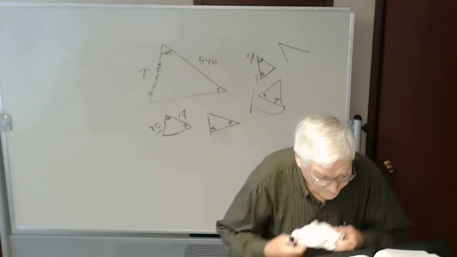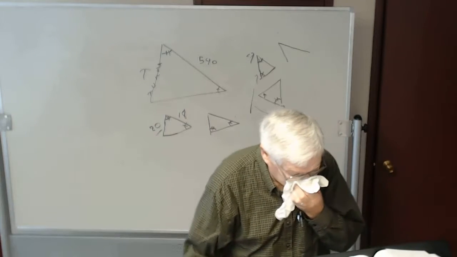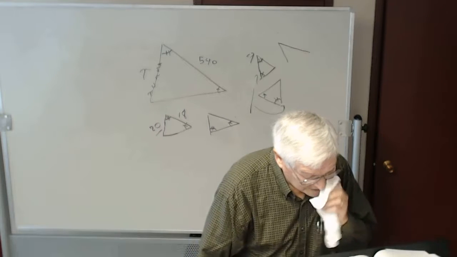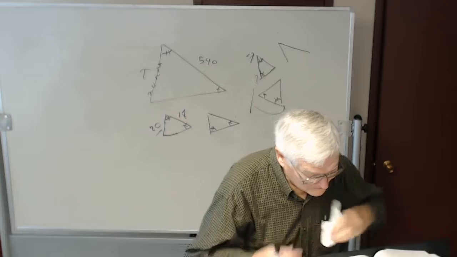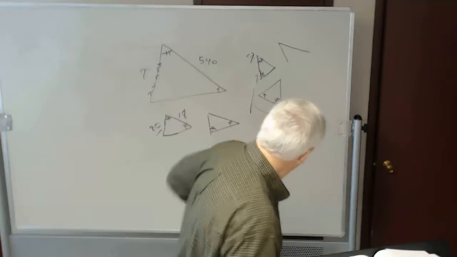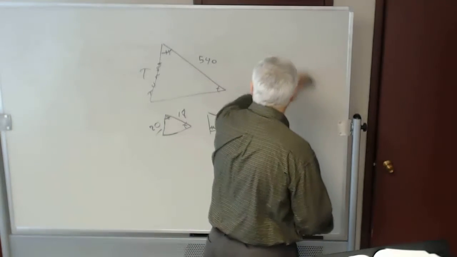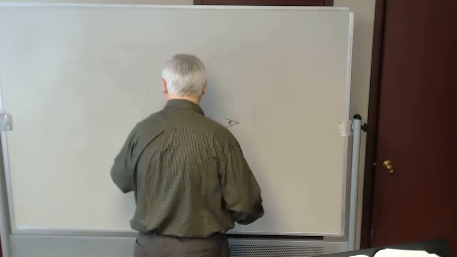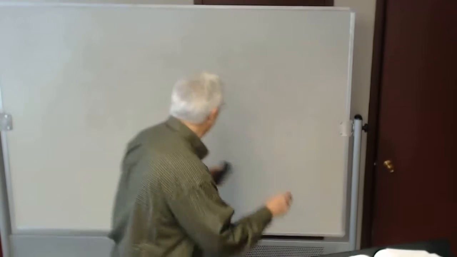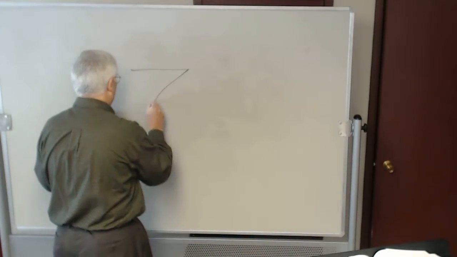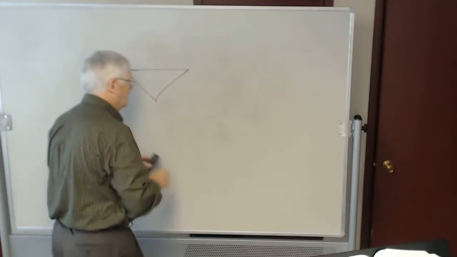Number 44. Show that triangle ABD, that's this triangle here, ABD, okay?